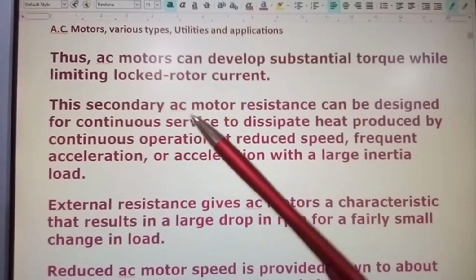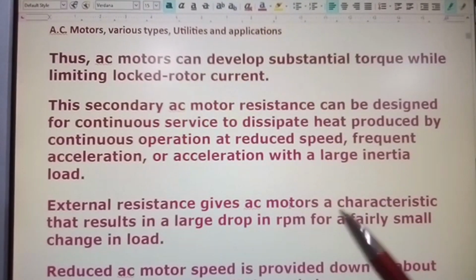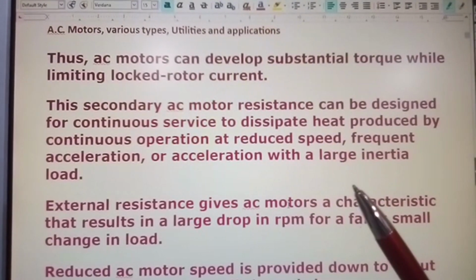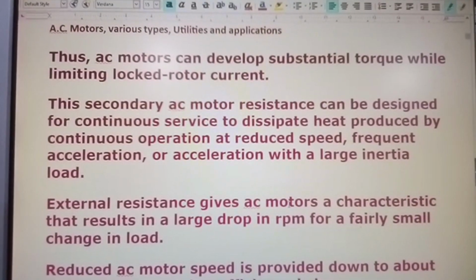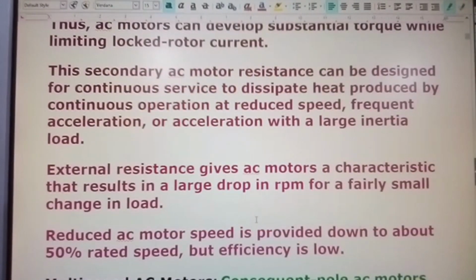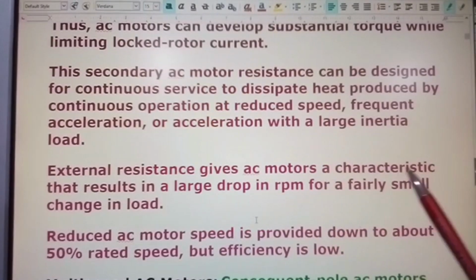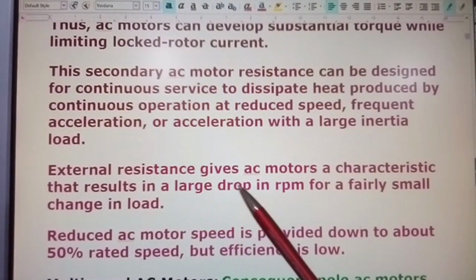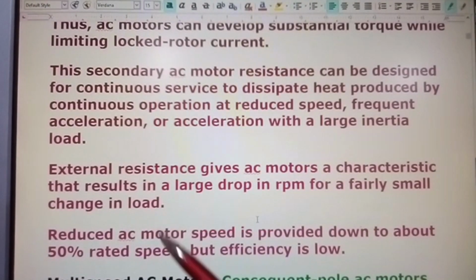Okay, I will say deceleration because I think there's an error missing there in regards to acceleration and deceleration. External resistance gives AC motors a characteristic that results in a large drop in revs per minute for a fairly small change in load. Okay.